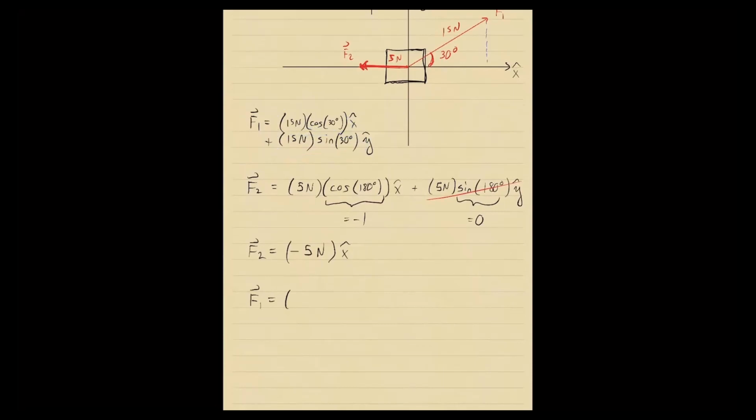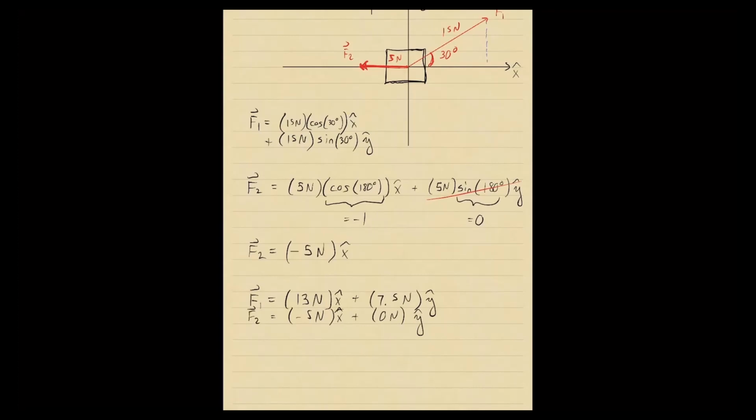So F1 is going to be equal to 13 newtons in the x direction plus 7.5 newtons in the y direction. Then F2 is going to be -5 newtons in the x direction plus 0 newtons in the y direction.